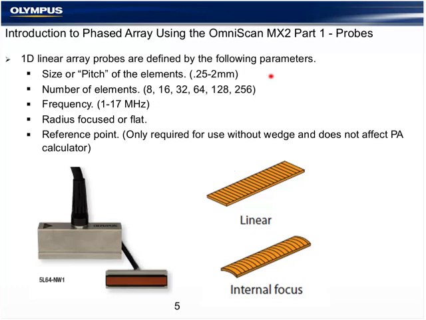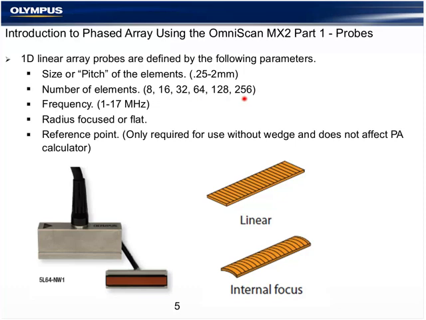It's very common. The probes come in common element categories designed for the instrumentation, which are typically 16, 32, and 64, the overwhelming majority of those. In large industrial systems, the instruments have the capability of managing up to a 128 or 256 element array.